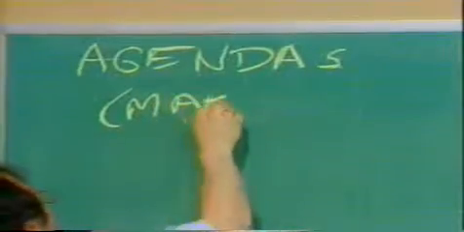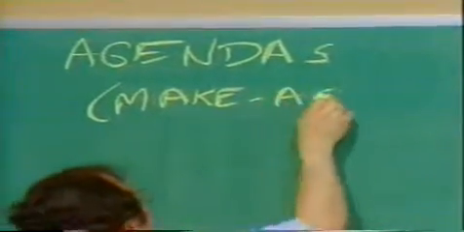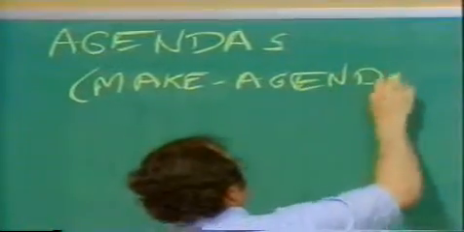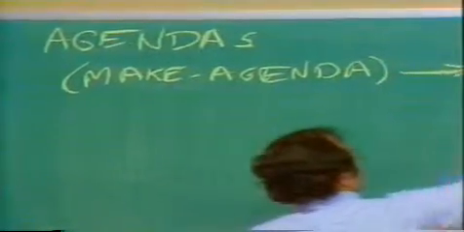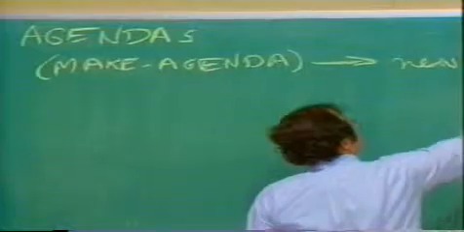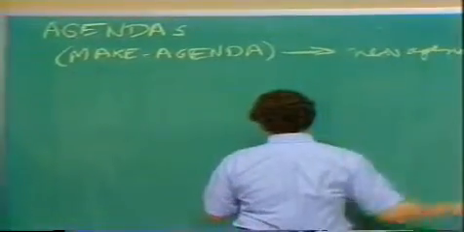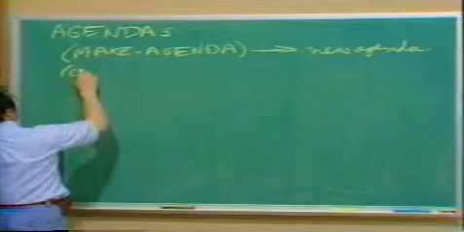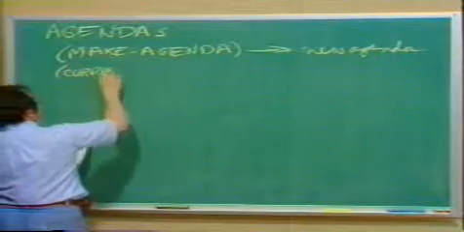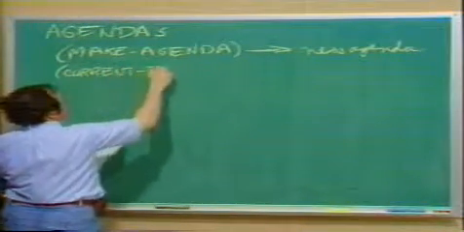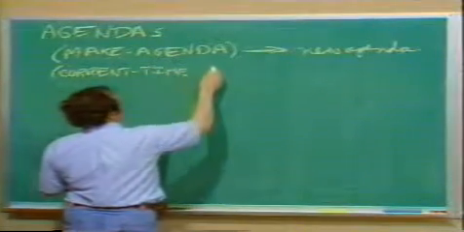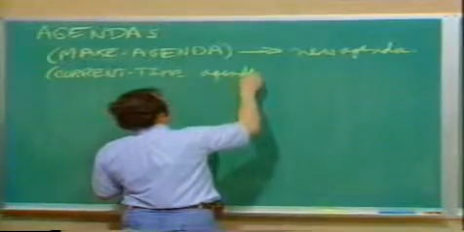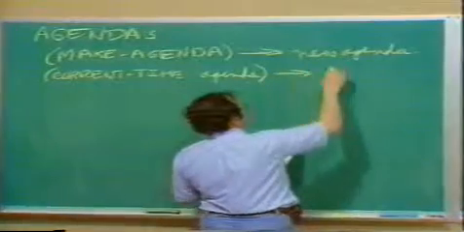So what do we have? We have things like make agenda, which produces a new agenda. We get the current time of an agenda, which gives me a number, a time.